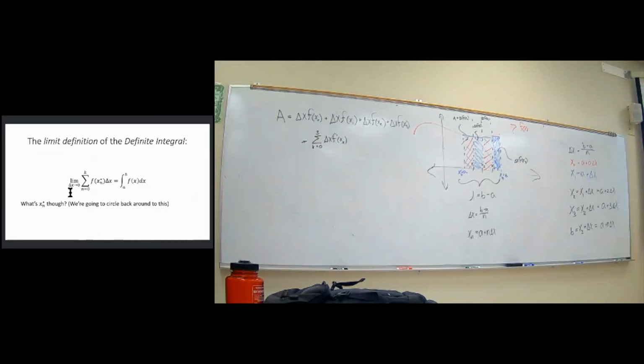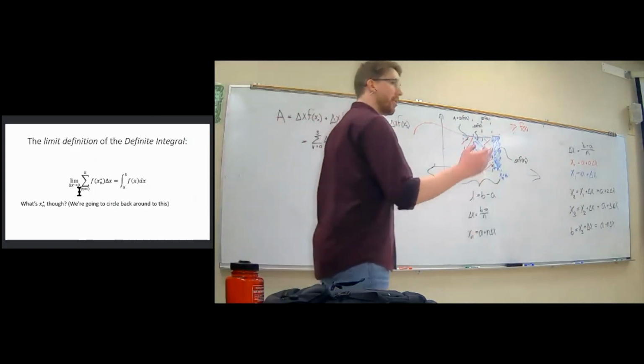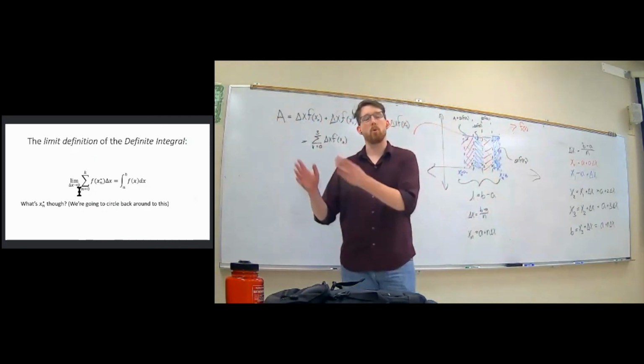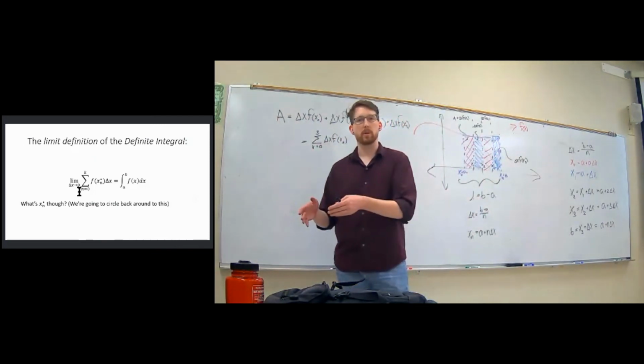We're going to say, let the limit of those small delta x's go to 0. Then the width of each of our rectangles is going to go to 0, which means as that goes to 0, you're going to have more and more rectangles.